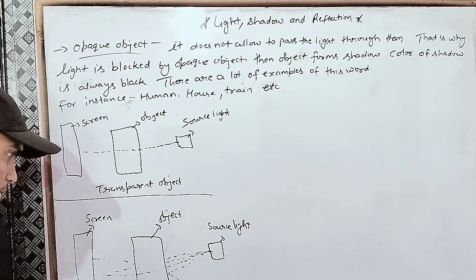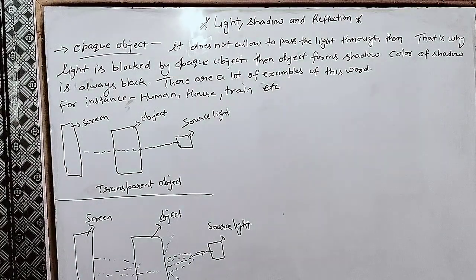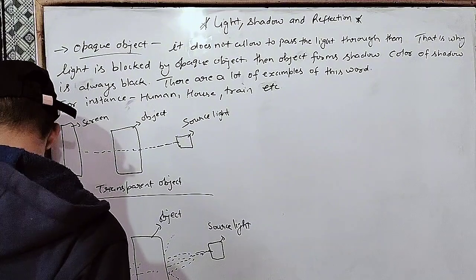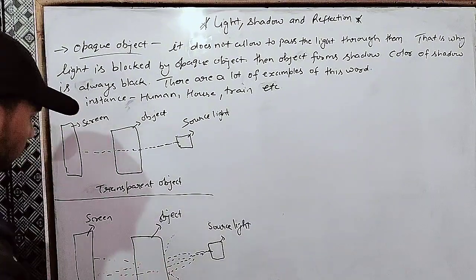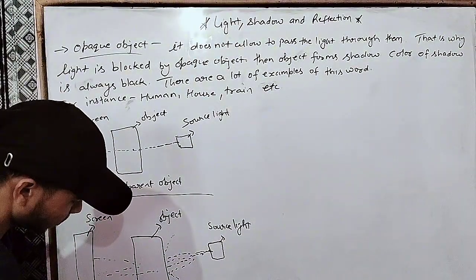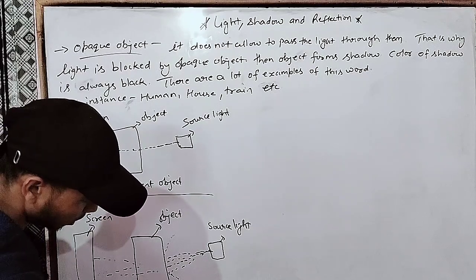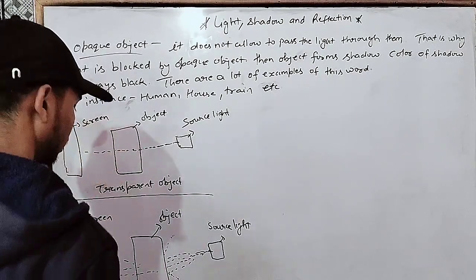So this type of object is named as what? Translucent object. Clear.